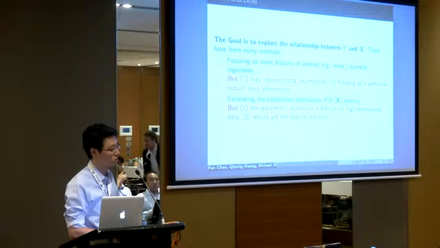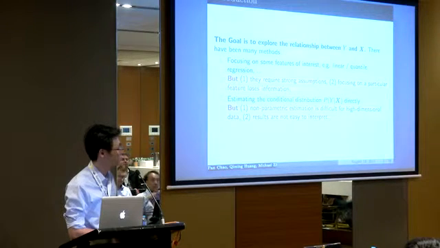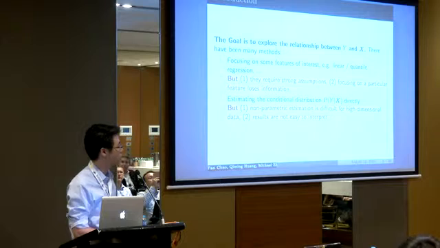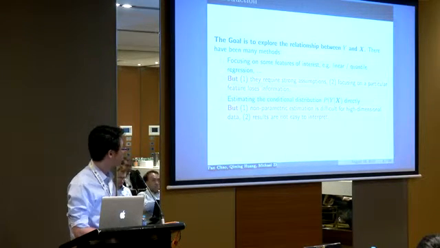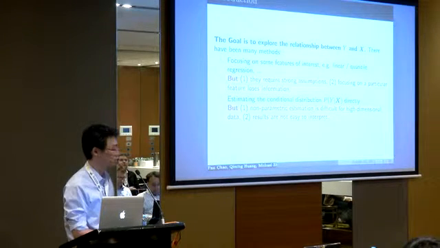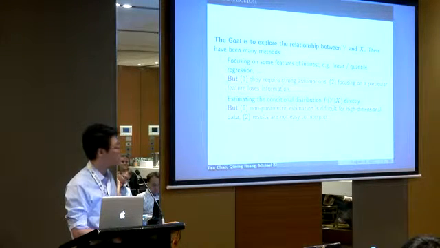For example, in ordinary least squares or linear regression, we just focus on the mean or expectation. Sometimes we're interested in the quantiles, so we use quantile regression. The second way, which is also popular, is to estimate the conditional distribution directly using some non-parametric methods.